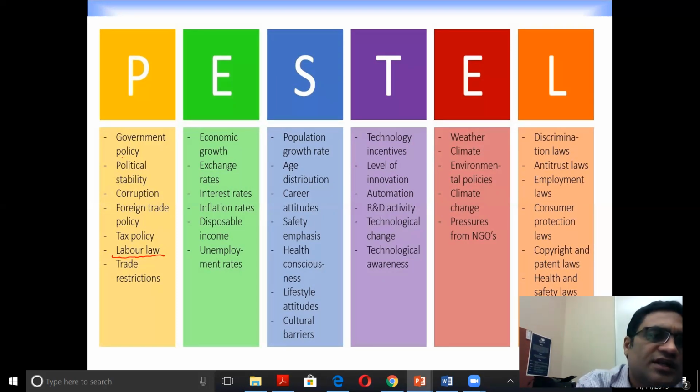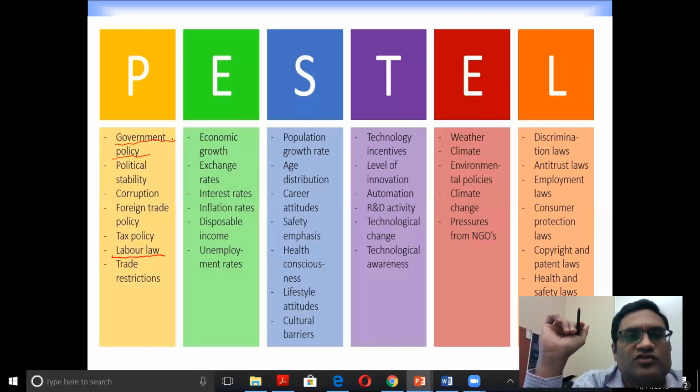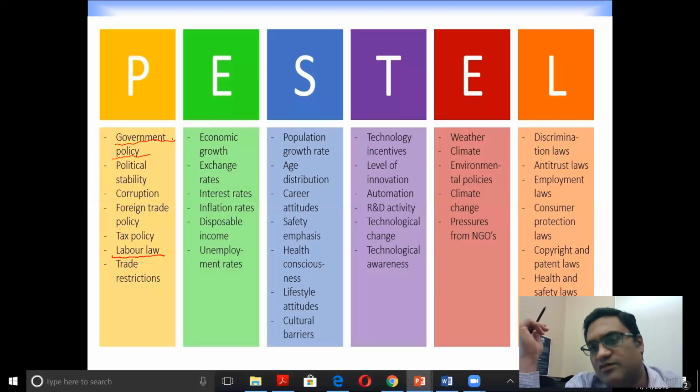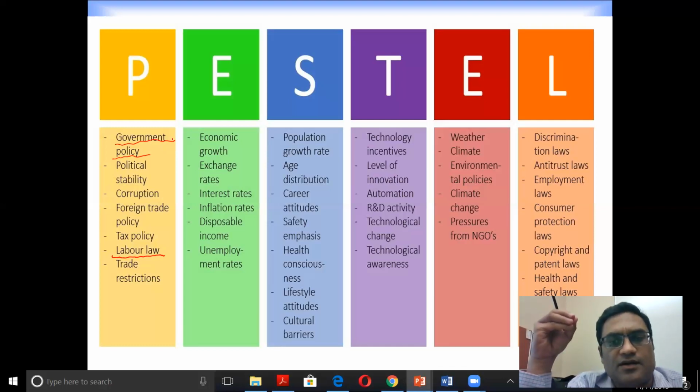Then another challenge, again, I'm picking another aspect from politics, which is government policy. If the government does not allow outside entities to start without partnering with a local partner, then that would also be a challenge, right?